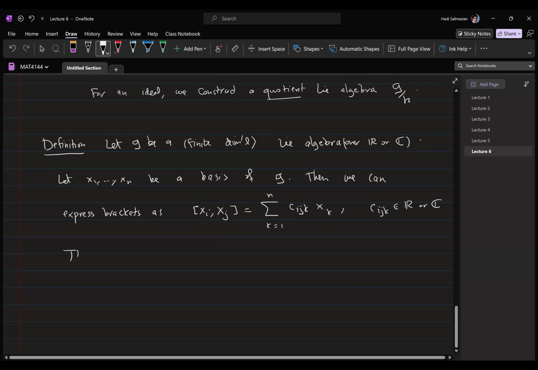And the c_ijk are usually called the structural constants.